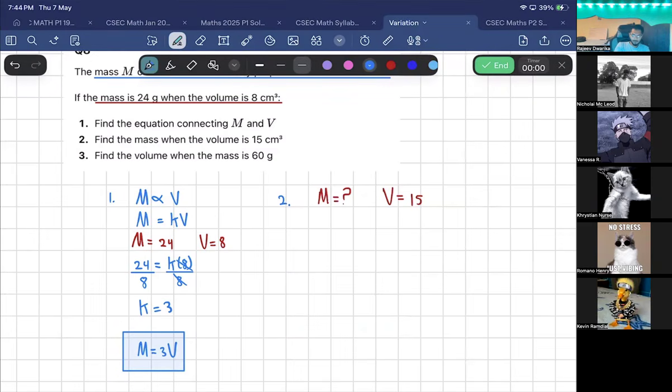M equals 3 times V. That's the only specific one I'm going to use. I'm trying to find M when V is 15. So M equals 3 times 15. So M will be equal to 45 grams.